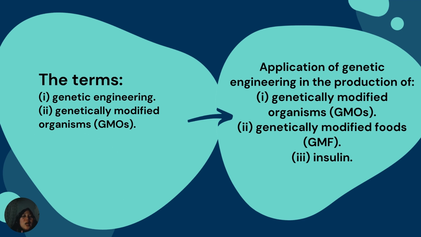Kalau advantage, dia akan kurangkan cost, it will reduce the cost, it will increase the food availability. Ya, makanan itu akan jadi banyak. Okay, and then disadvantage tadi ada juga. It may slightly have adverse effect to human health.